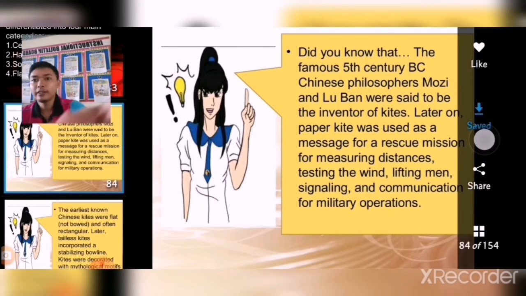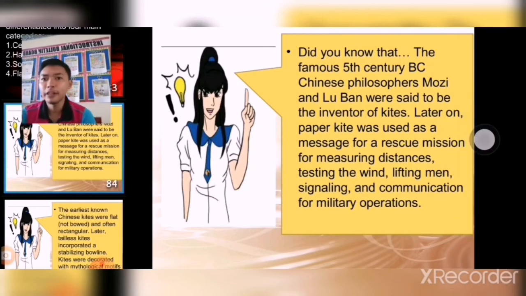Did you know that the famous 5th century BC Chinese philosophers Mozi and Lu Ban were said to be the inventors of kites? Later on, the paper kite was used as a message carrier for rescue missions, for measuring distances, testing the wind, lifting men, signaling, and communication for military operations.